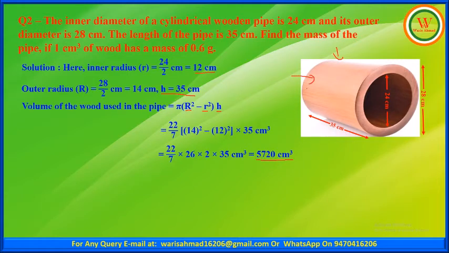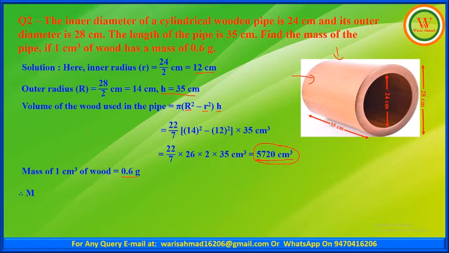Now we have to find out the mass of the pipe. As in the question it is given that mass of 1 centimeter cube of wood is equal to 0.6 gram. Hence what is the mass of 5720 centimeter cube? We have to multiply 0.6 gram with 5720 to get the mass of this pipe.